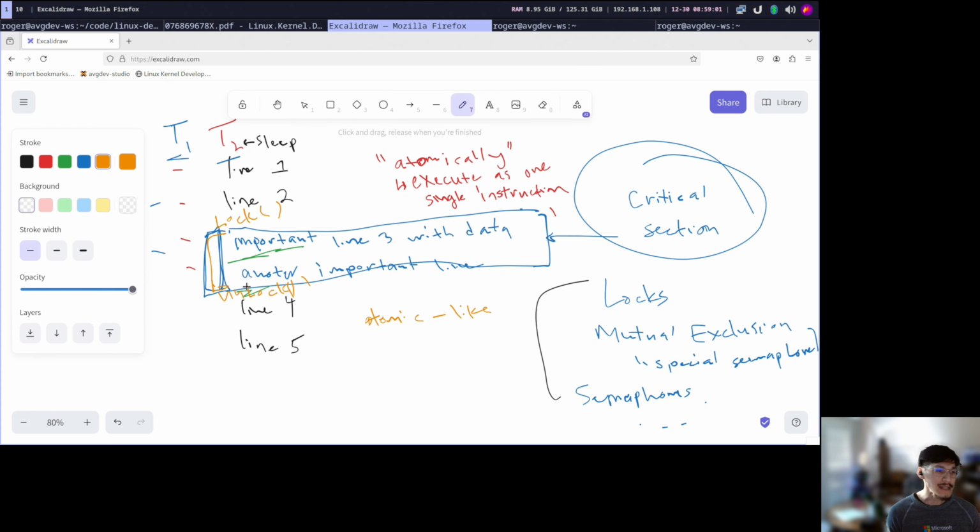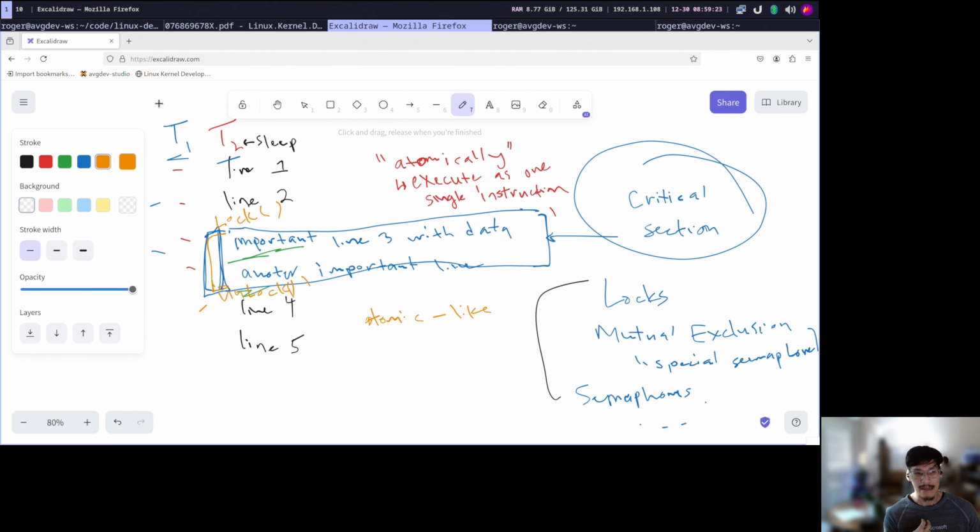When thread 1 is done, it'll unlock, which allows any other thread or process to come in and say, I'm allowed to execute this piece of code now because I am able to grab the lock.